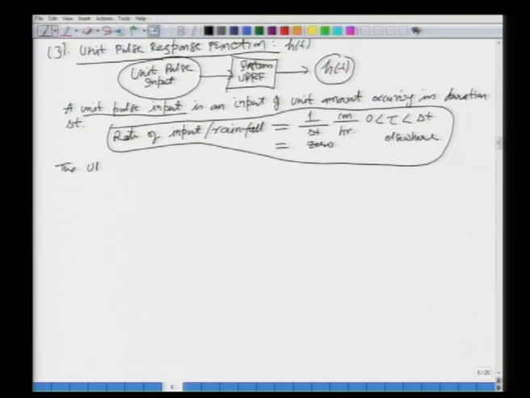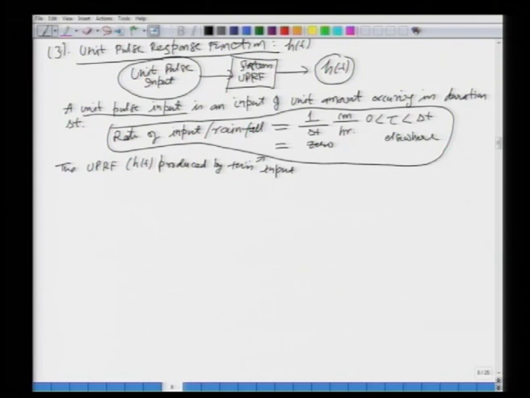The unit pulse response function h produced by this input. Which input?